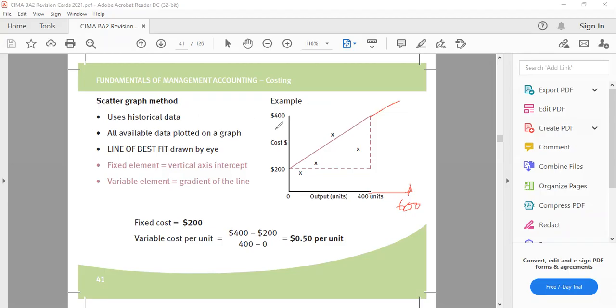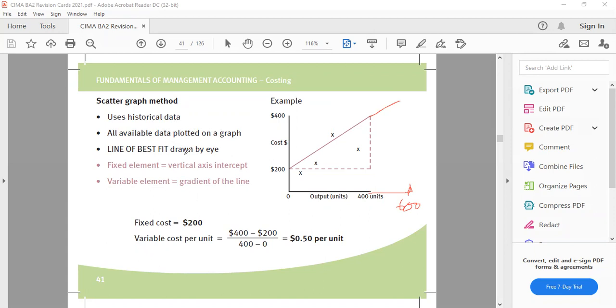All available data is plotted on a graph. Line of best fit drawn by eye. It is just understanding how the data is scattered on the graph. A direction is understood, upward rising, downward, or whatever it is.